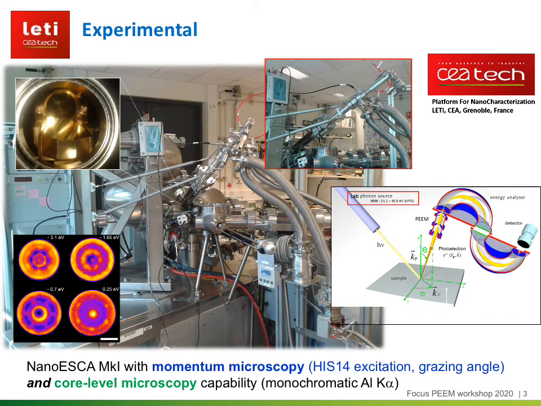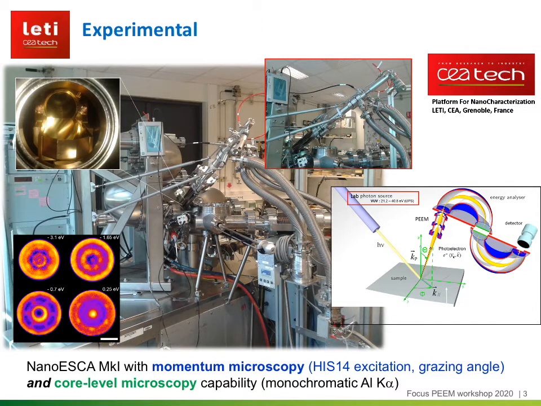The instrumentation we are using for these studies is a NanoESCA instrument, which has two capabilities. It has a capability in momentum microscopy using the so-called HIS-14 source, which is a helium source that has been tailored especially to provide a microspot on the sample, and the illumination is under grazing incidence, which is very useful in the study of 2D materials such as TMDCs.